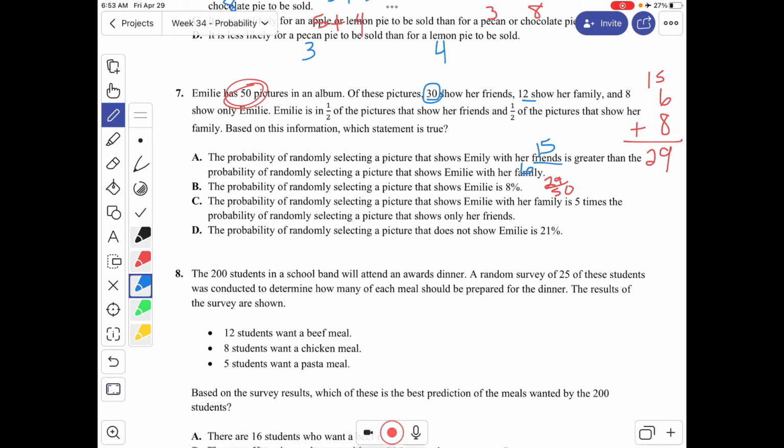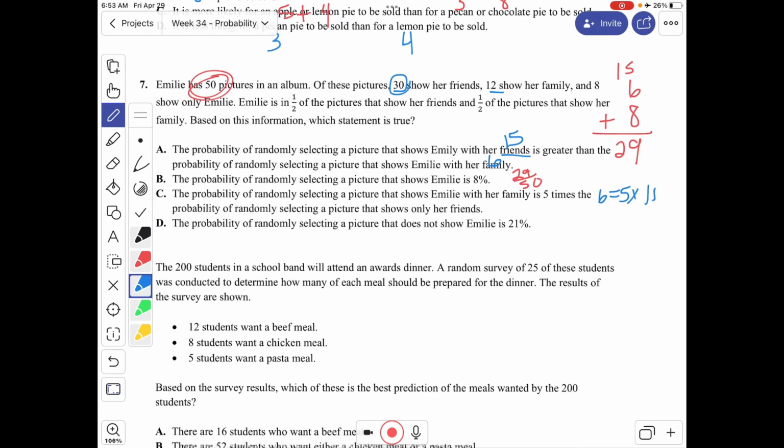C says the probability of randomly selecting a picture that shows Emily with her family, which was 6, is 5 times the probability of randomly selecting a picture that shows only her friends. Well, her friends were in 15. So is 5 times 15, 6? If it is, then that's your answer.